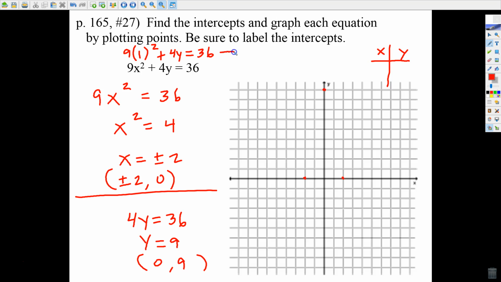Now I'll just go horizontally here. I'm going to subtract 9 from both sides. 36 minus 9 is 27, and I get y is 27 fourths. Since we're graphing this point, think of that as a mixed number.